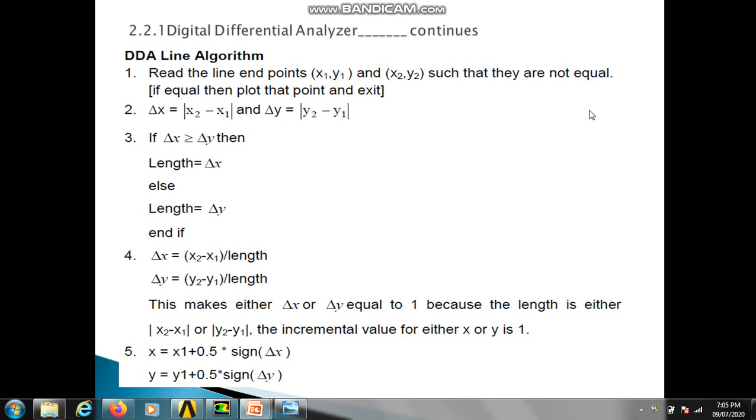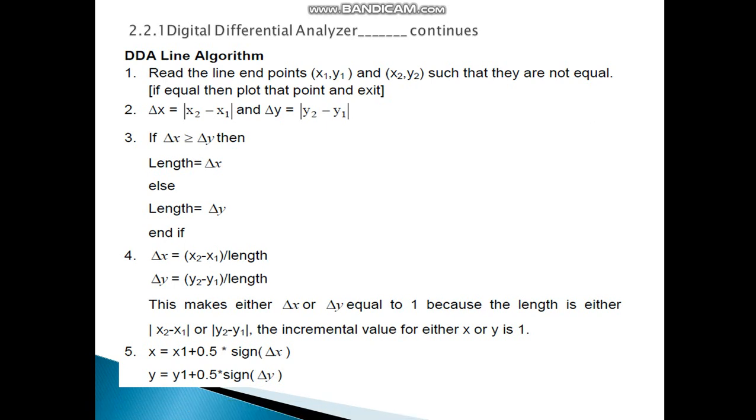In the third step, if delta x is greater than or equal to delta y, then length is equal to delta x, else length is equal to delta y. Length is nothing but the steps, the steps we require to reach the end point, that is, to go from the starting point to the end point.